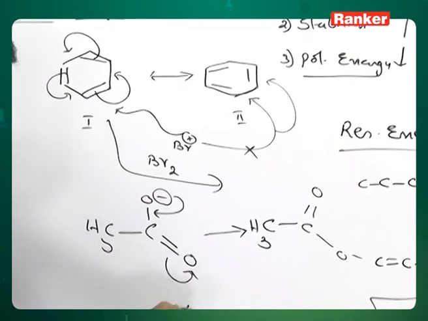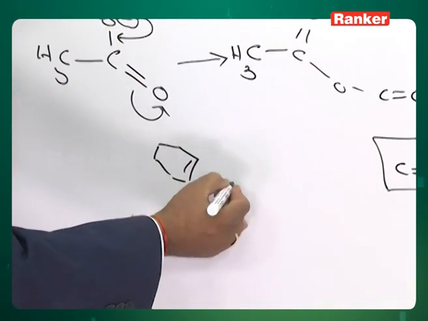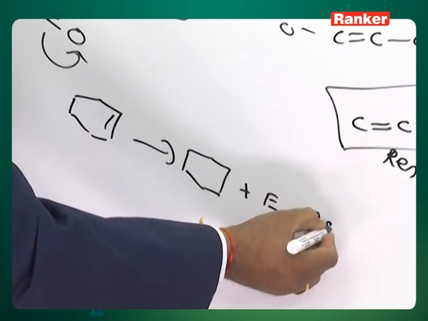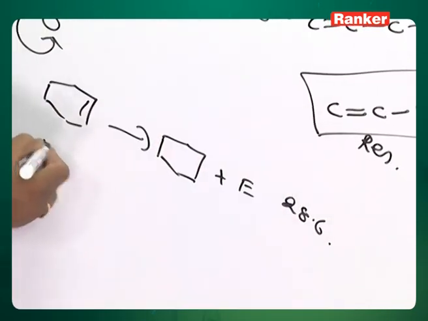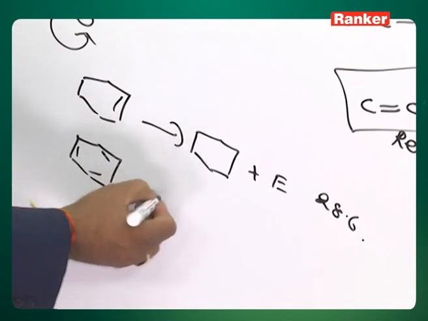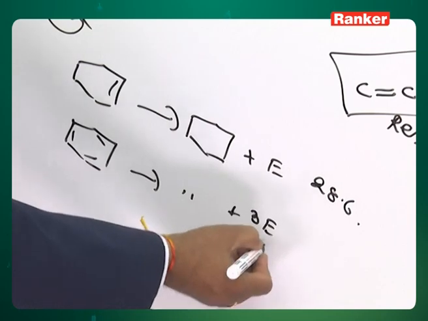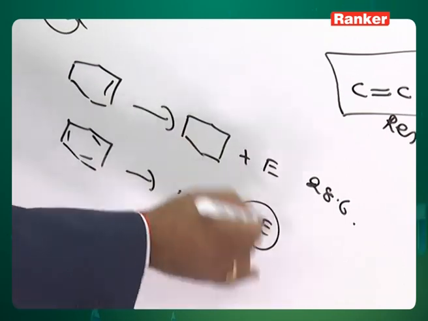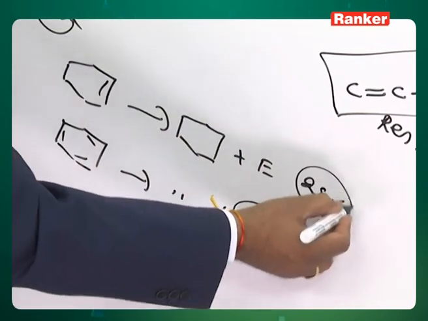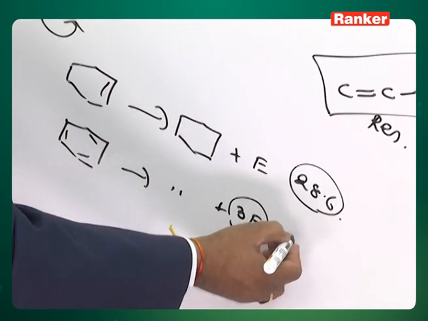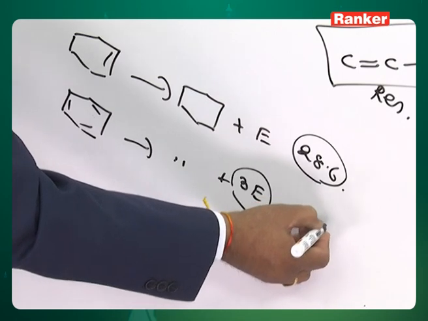If there is a double bond in cyclohexene, you get cyclohexane plus energy, and that energy is 28.6. So if there are three double bonds, theoretically 3 into E must be obtained, that is 3 into 28.6, but practically you are getting only 49.6 kilocalories.